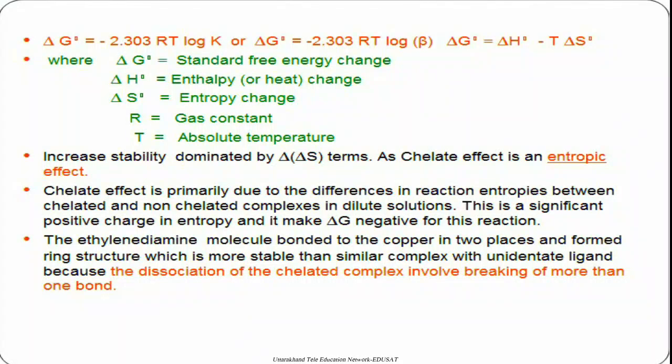The ethylenediamine molecule bonded to the copper in two places forms a ring structure which is more stable than a similar complex with a unidentate ligand, because dissociation of the chelated complex involves breaking more than one bond.